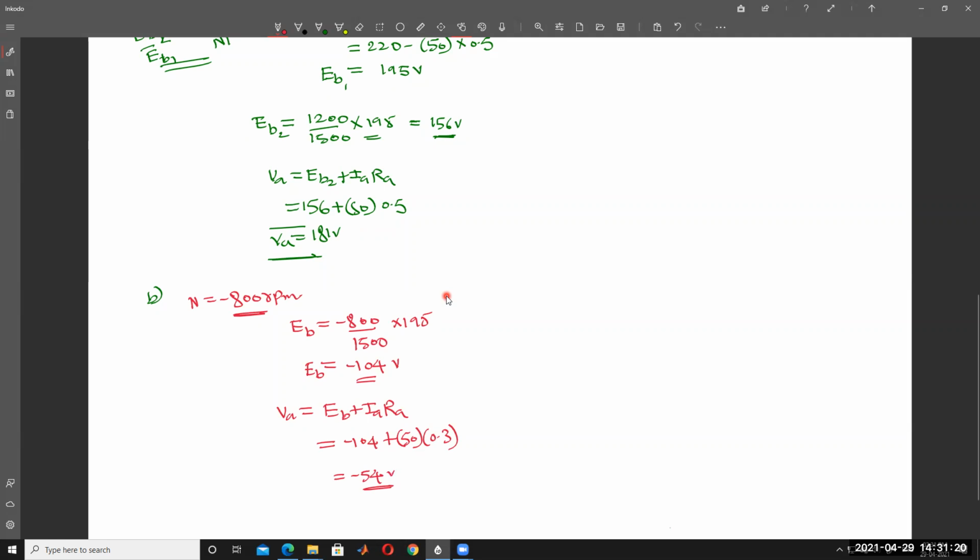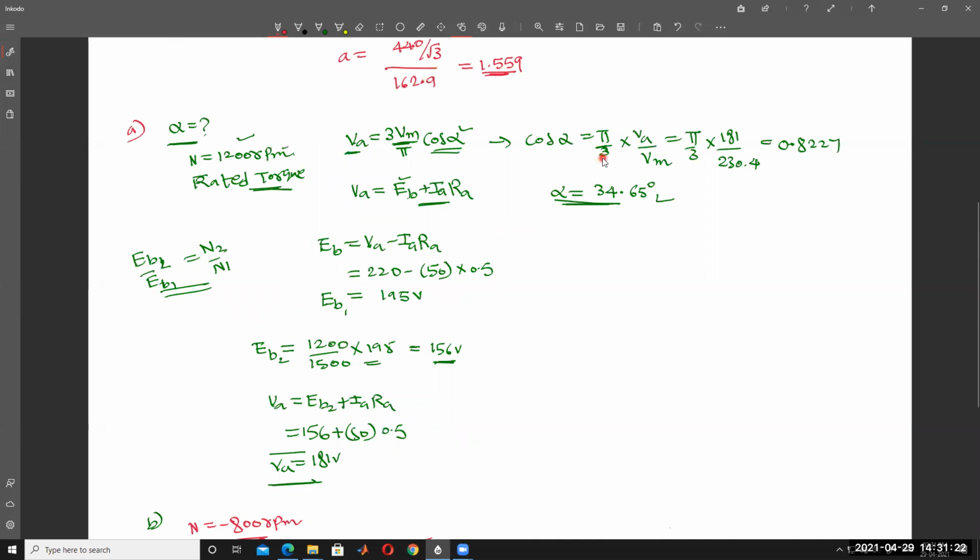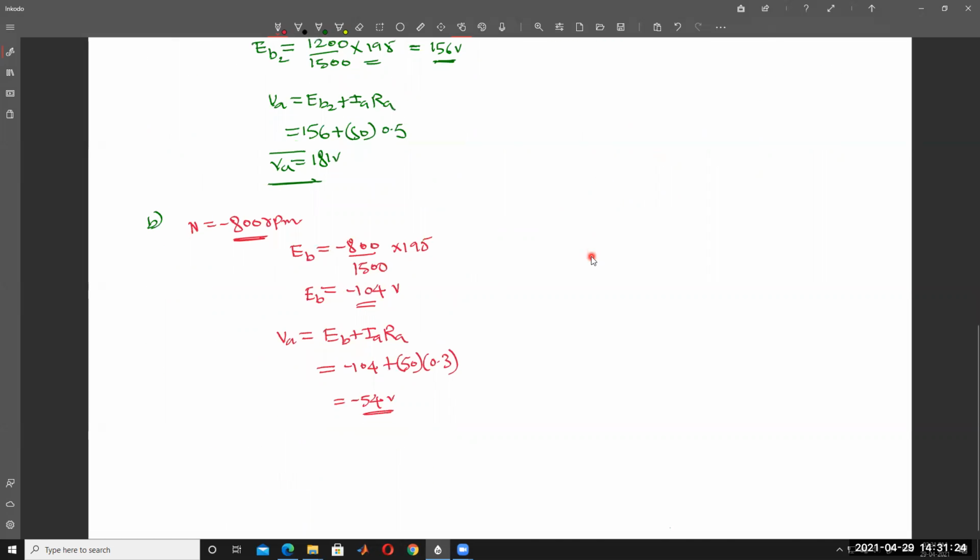Then cos alpha is equal to, already explained, pi by 3 into VA by VM. So that is equal to pi by 3 into VA, minus 54 divided by VM, 230.4.